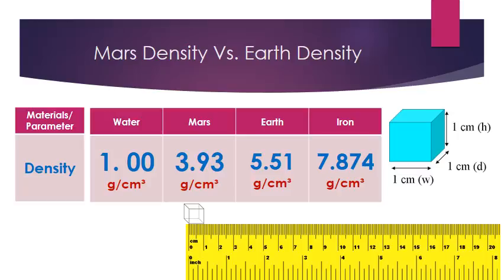Earth's density is 5.51 grams per cubic centimeter. Iron's density is 7.874 grams per cubic centimeter.